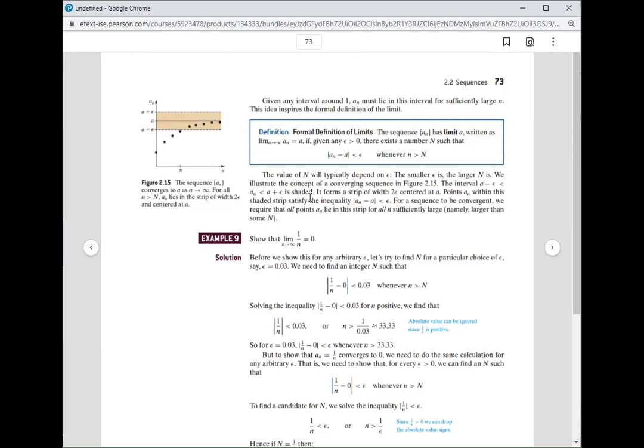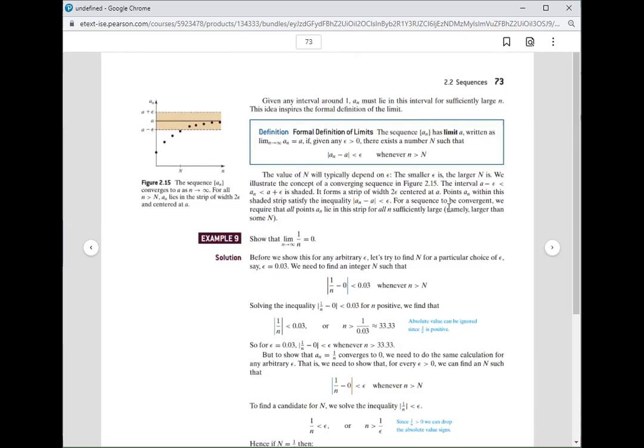So it's from a strip of width two epsilon centered at a, and then the point a n is within this strip, satisfying the inequality absolute value a n minus a less than epsilon.